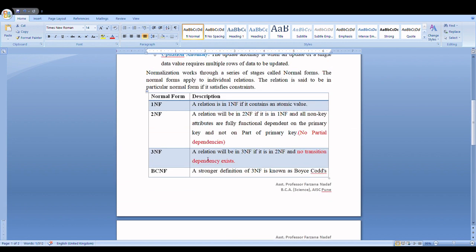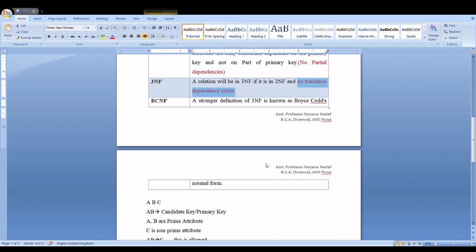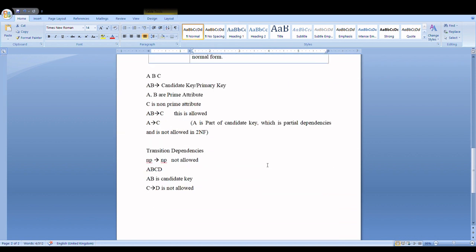Next is 3NF. Like 2NF, first the relation should be in 1NF and 2NF both, then only it can be in 3NF. So first you will check for 2NF, and if it is in 2NF and 1NF, then we go for 3NF. 3NF says that there should not be any transitive dependencies. Now how to check transitive dependency? It is very simple.